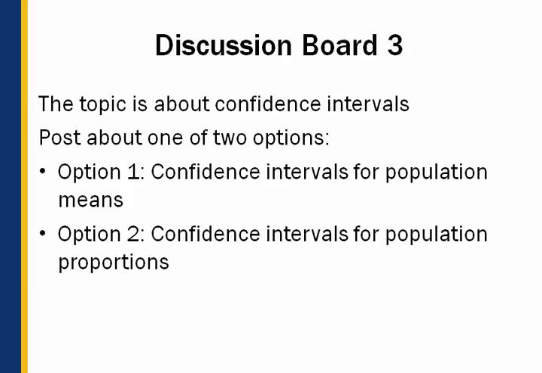This week, you are to choose one of those two options: to either have an initial post on a problem concerning population means, or to have an initial post on a problem about population proportions. No matter which one you post to, you are to respond to classmates in both of them, at least one in each.